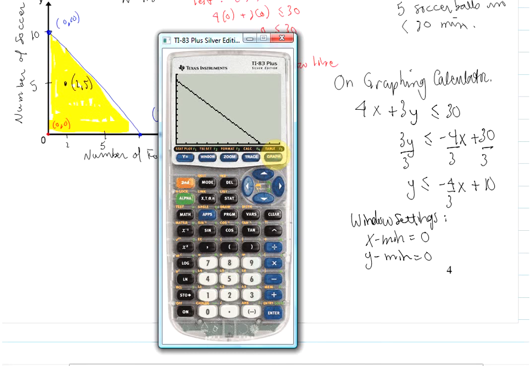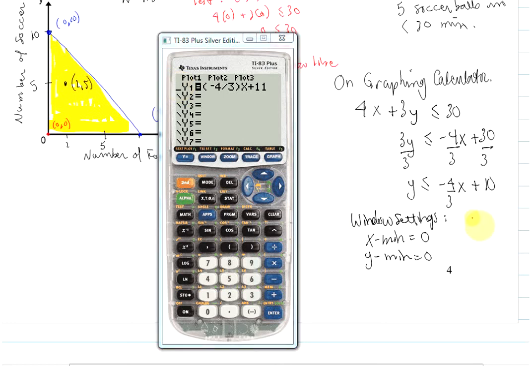If we want to graph a region, then we go back to our y equals window and we take our left arrow key and we move the cursor over to the left of the y1, and we want to choose one of the following symbols. So we could choose this one.